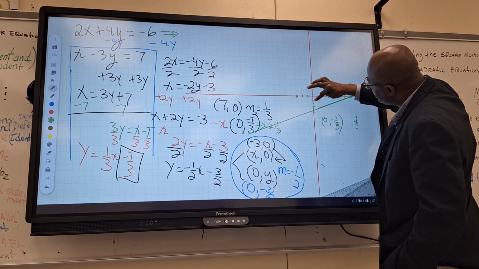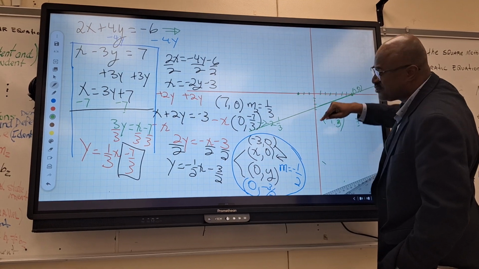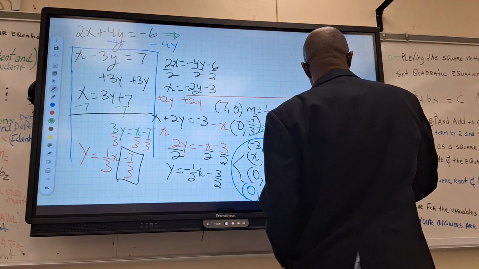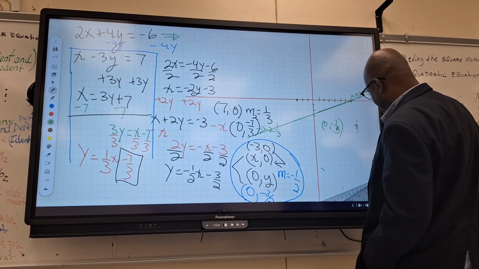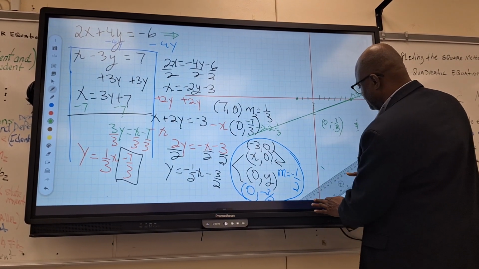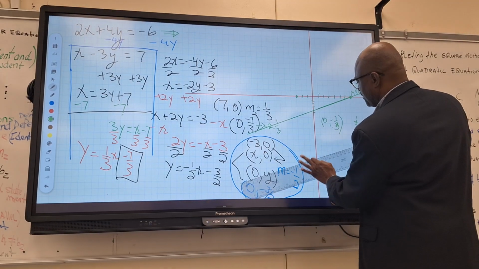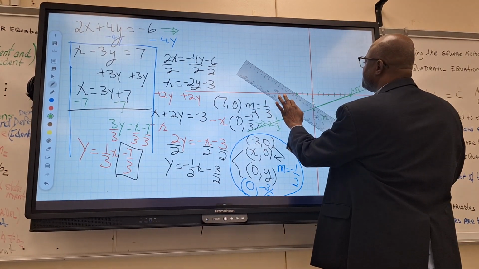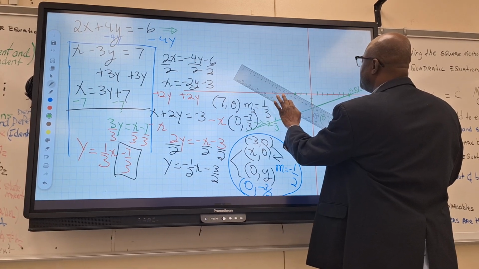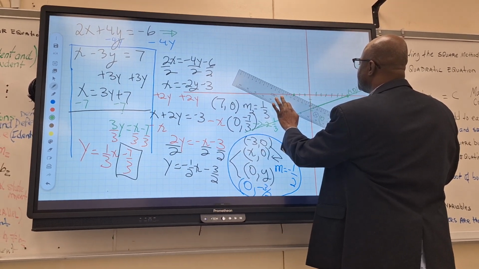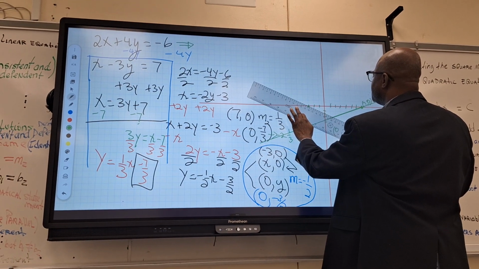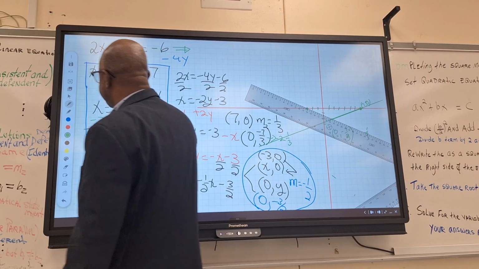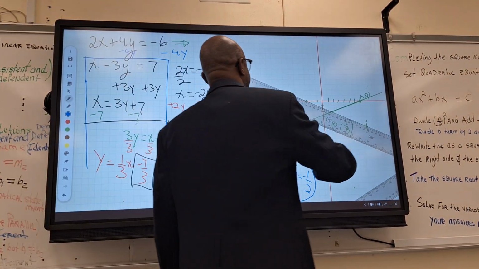That will be halfway there, between -1 and -2. So I need to track those 2 points again with my ruler. This is -3, 0. I guess it touched both of them.